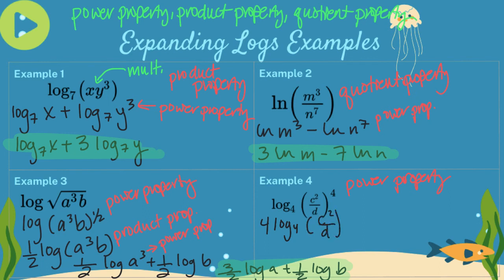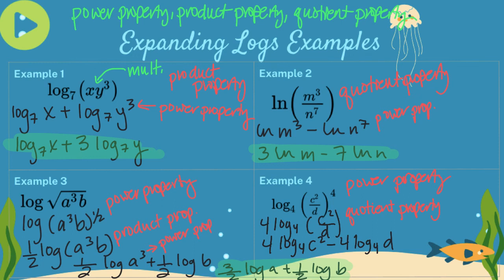And now c squared over d is division, so I can use the quotient property to separate those. So this becomes 4 log base 4 c squared minus 4 log base 4 d. And notice that 4 had to distribute to both of those terms.